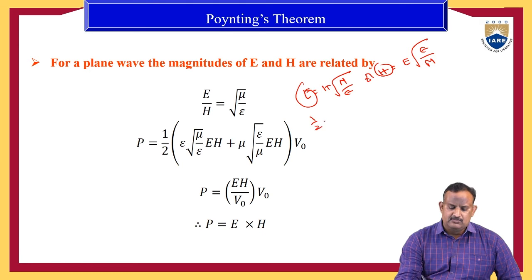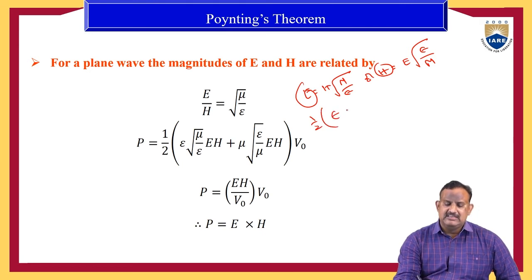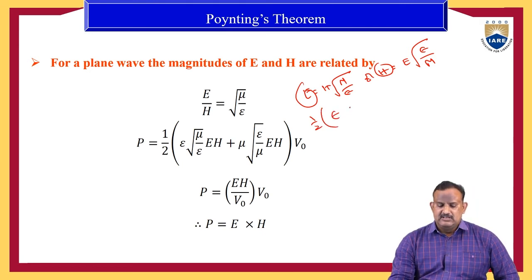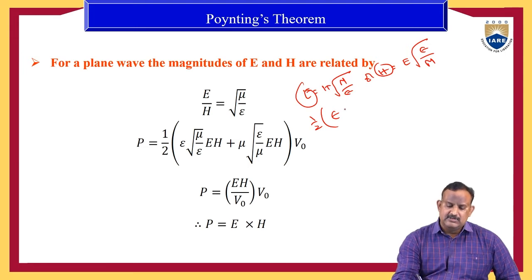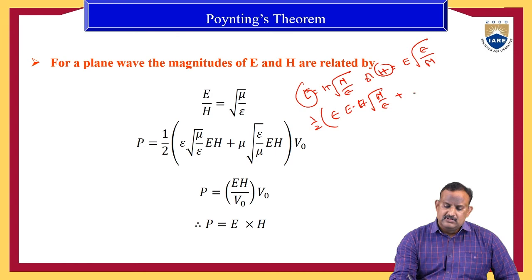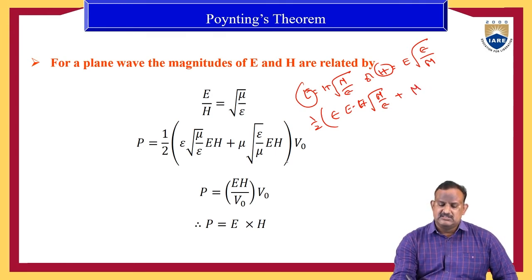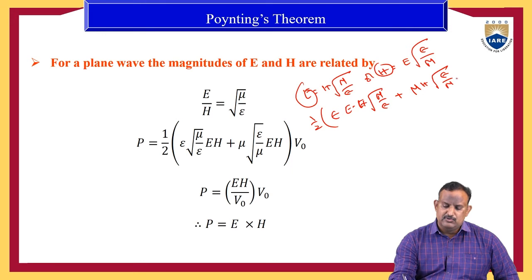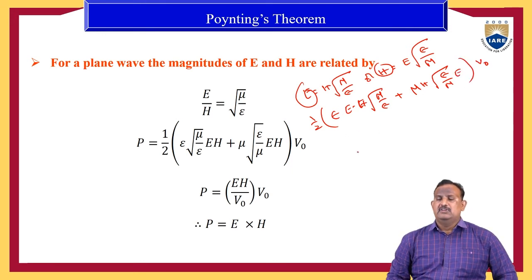In place of one E, I am substituting H into root of mu by epsilon, and similarly in mu H square, in place of one H, I am substituting root of epsilon by mu into E, into v naught.